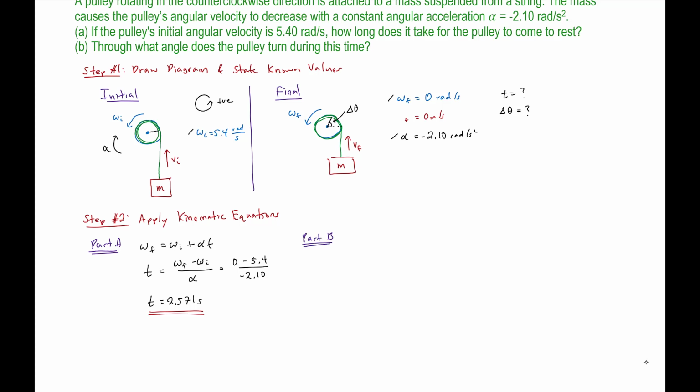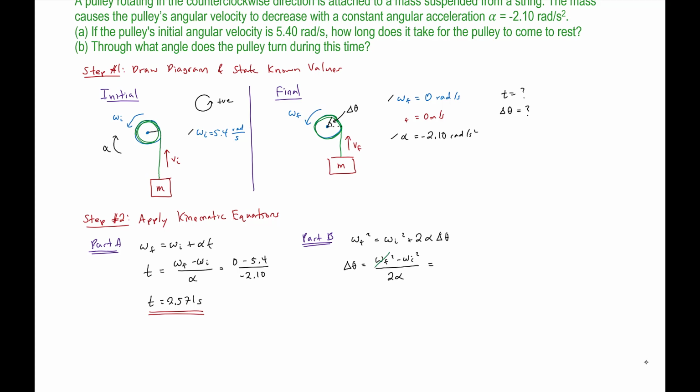Part B is asking us to solve for the angle the pulley turns during this time. So we want delta theta. So we already have omega i, omega f, and alpha. This one kinematics equation has a 4th parameter for delta theta, so we're going to use omega f squared is equal to omega i squared plus 2 alpha delta theta. We'll just rearrange for delta theta and get omega f squared minus omega i squared divided by 2 alpha.